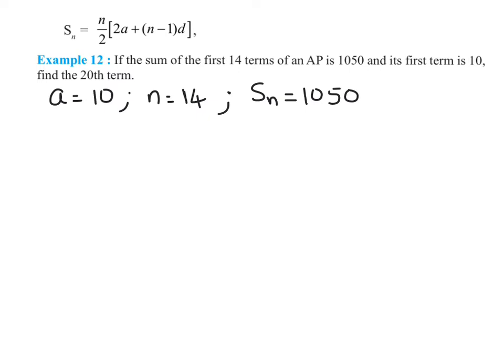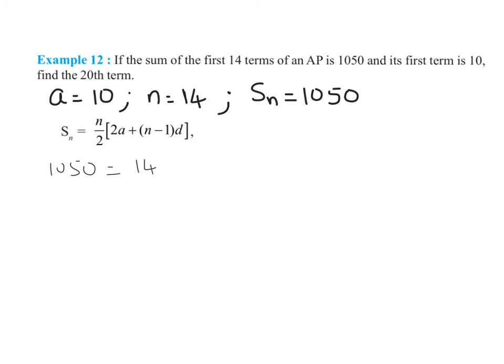And we know the formula to find the sum of the first n terms of an arithmetic progression. So now we can easily substitute in the formula and go ahead finding out where we land up. 1050 is equal to 14 over 2 times 2 times 10 plus 14 minus 1 times d.